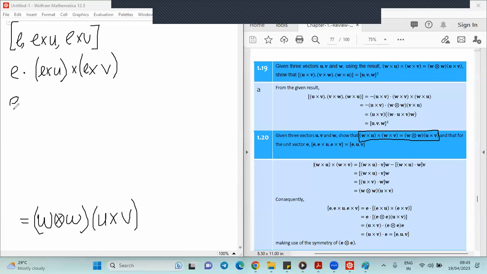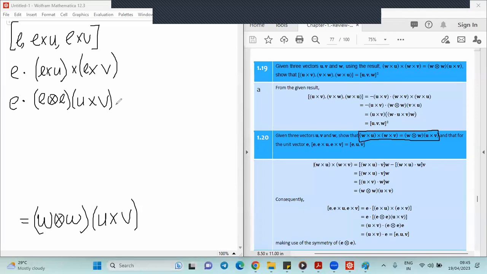So this is E. Now W cross U, in this case, is going to be E cross U cross E cross V. This is now going to be dot E dyad E and then U cross V. All we did was replace W in this expression with E.